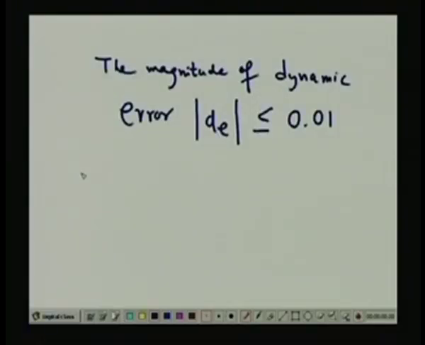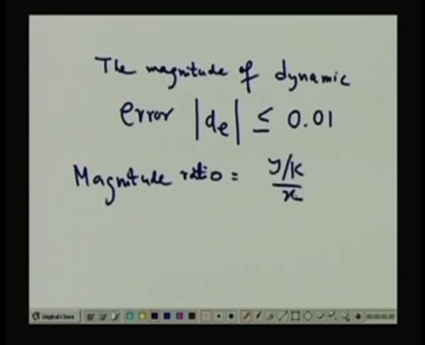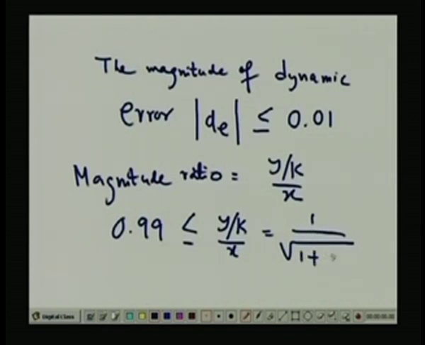So the magnitude ratio, y by k by x, should be 0.99, because the error is 1%. So 0.99 should be less than or equal to y by k by x. And as you know, this is equal to 1 upon the square root of 1 plus omega tau square.